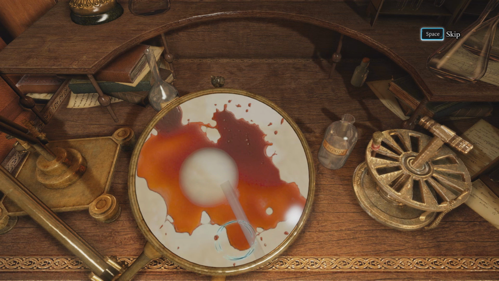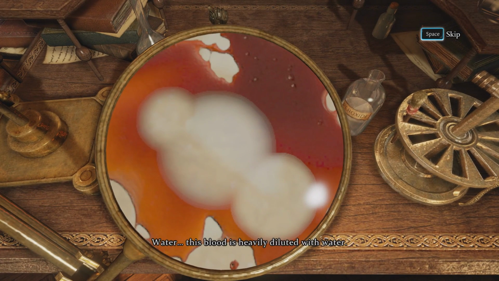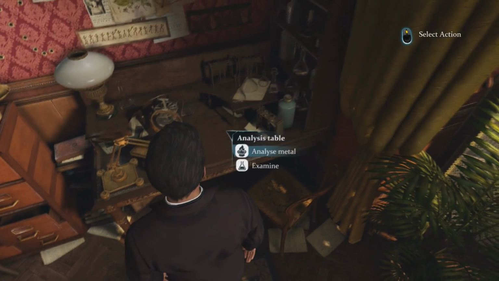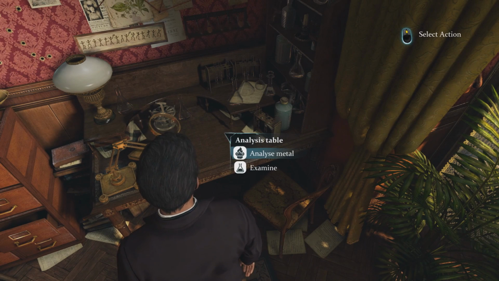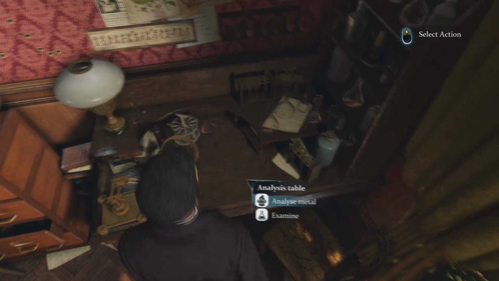How about over... No. Try over here. Water. This blood is heavily diluted with water. Why? Blood was on him and heavily diluted with water.